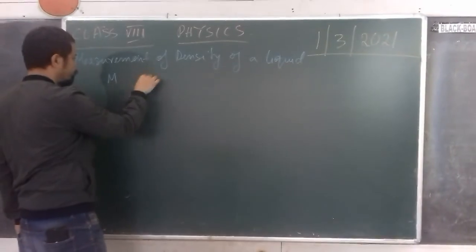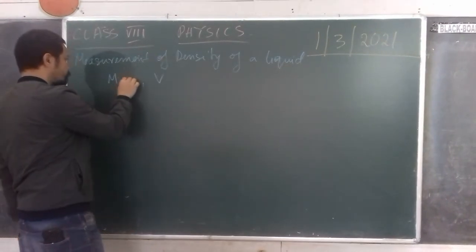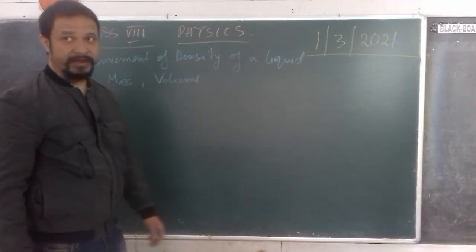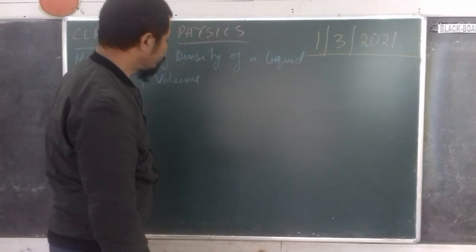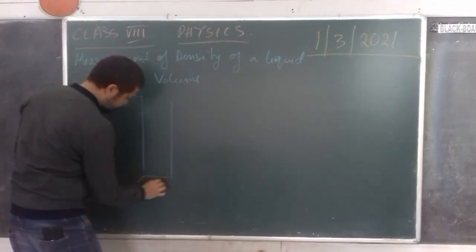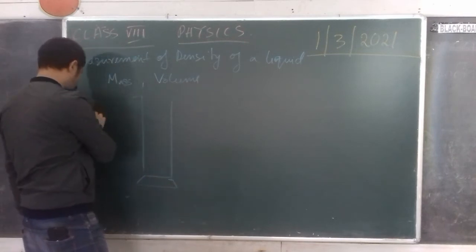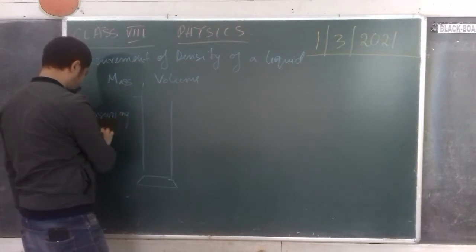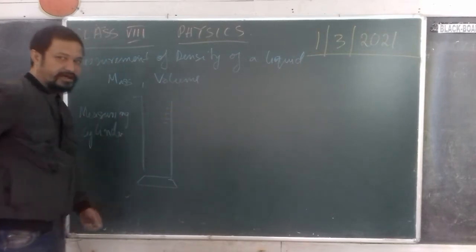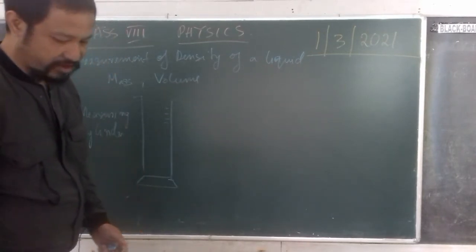So we need to find mass and volume, two things which are important for density. Now, how do you find the mass of the liquid? You first need a measuring cylinder. Measuring cylinders have gradations.